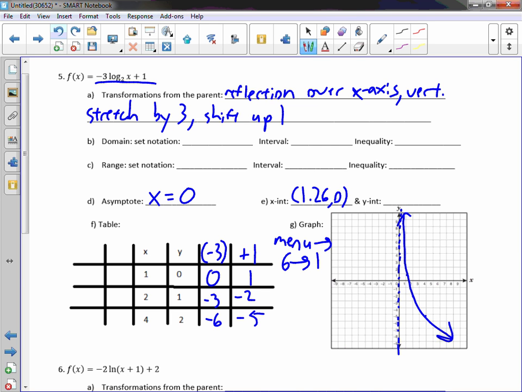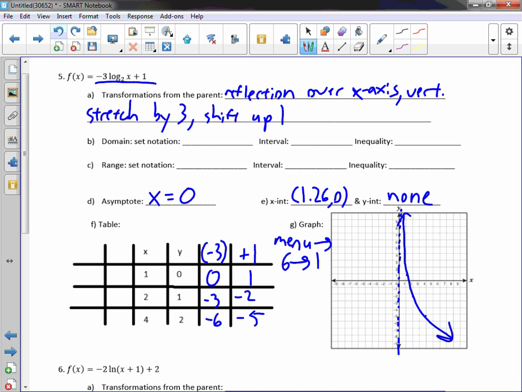The y-intercept, take a real good look at this. Notice our asymptote is right here on the y-axis. We know that a graph can't touch or cross an asymptote. It just gets really close to it. So if that asymptote's on the y-axis and we're not going to touch it, then there is no y-intercept.